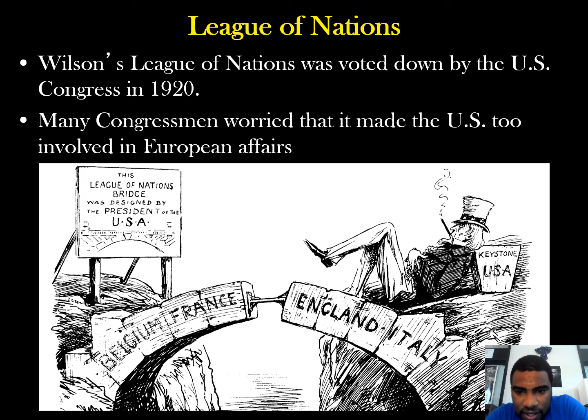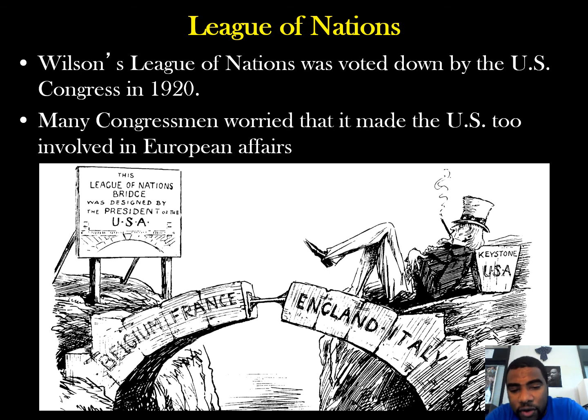As you can see, this picture of Uncle Sam. This League of Nations bridge was designed by the U.S., designed by the President of the United States. So it's really a disconnect, as you can see, between England and Italy and France and Belgium.